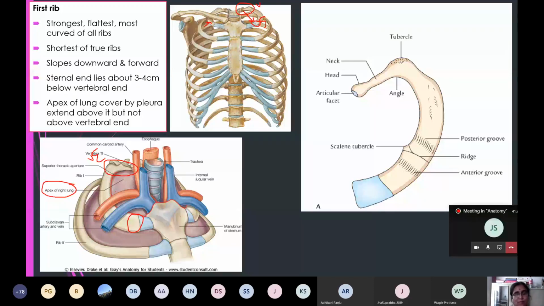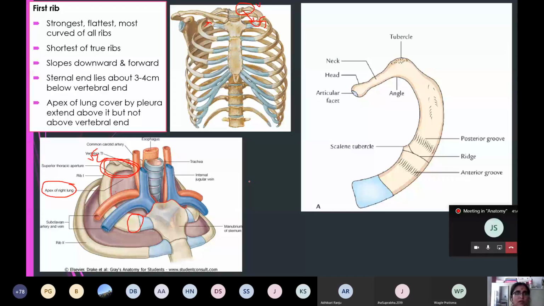It is sloped, about 3 to 4 centimeters below the vertebral end, such that the apex of the lung covered by its pleura will extend above the sternal end but do not extend beyond the vertebral end. This is what you should say in the viva answer.